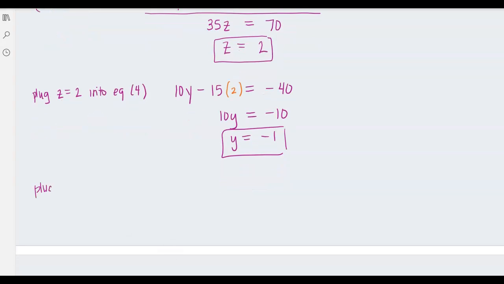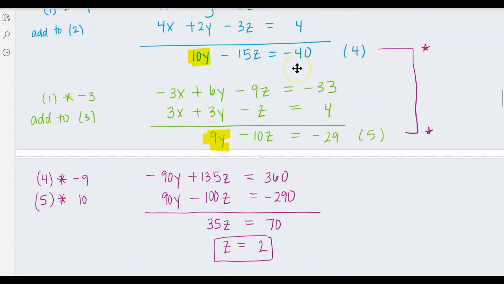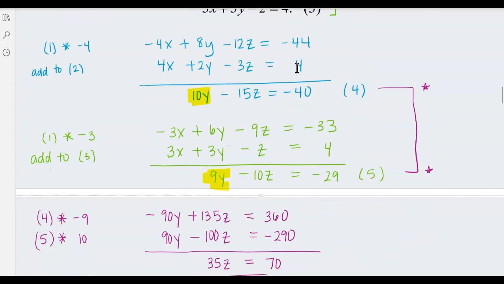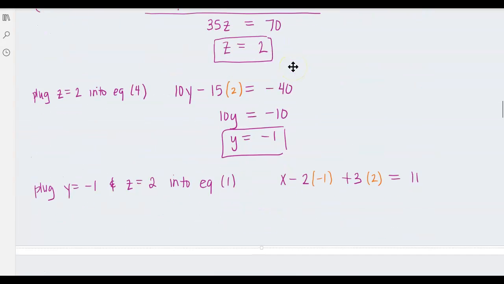Let's plug y equals negative 1 and z equals 2 into equation 1. Equation 1 was x minus 2 times y plus 3 times z equals 11. Let me just double check. Minus 2 plus 3. Yeah.